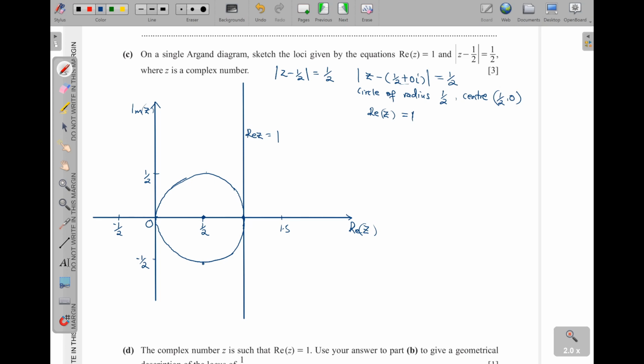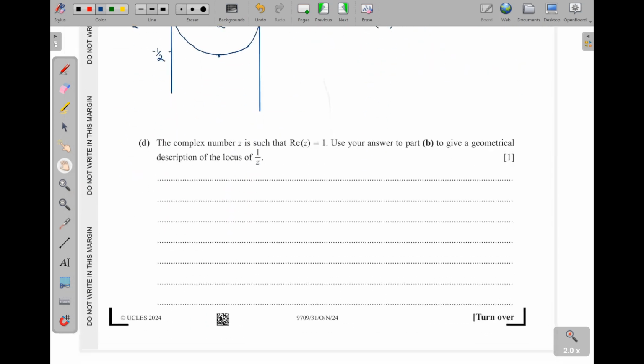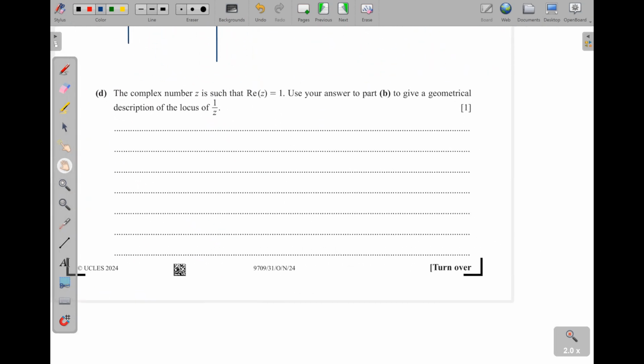All right. Next, part D, the complex number z is such that the real of z is equal to 1. Use your answer to part B to give a geometrical description of the locus of 1 over z.